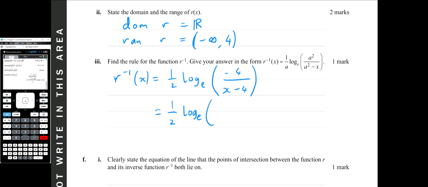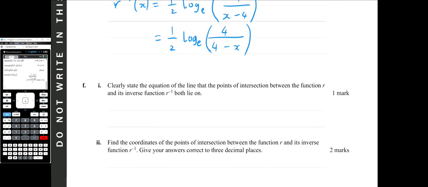Now, because we saw that 1 over a is 1 over 2, a squared, of course, will be 4, and then because we multiply the top and bottom by negative 1, what we'll get on the bottom is 4 minus x. And that agrees with what we had from before. And that is 1 over 2 log e of 4 over 4 minus x. And that right there is the rule for the inverse of r.